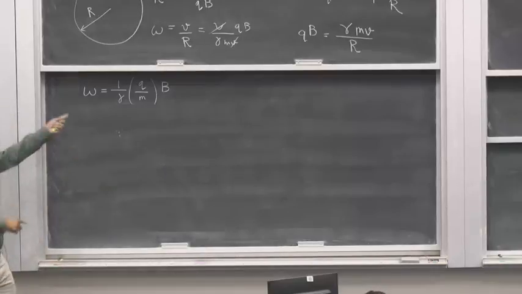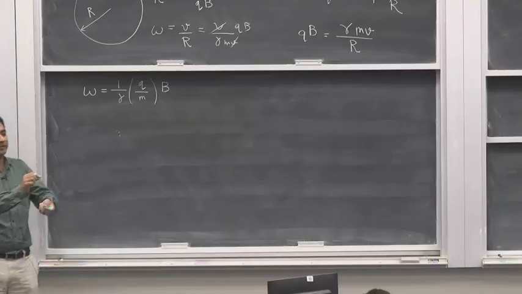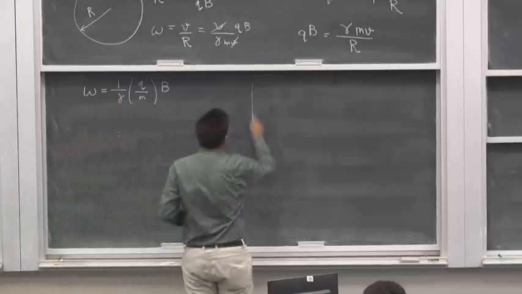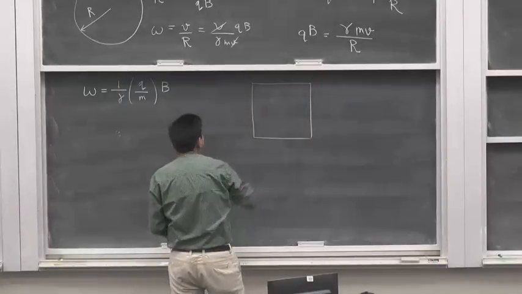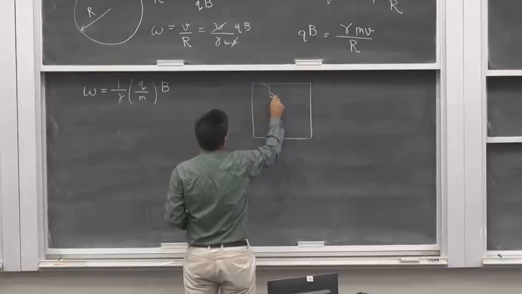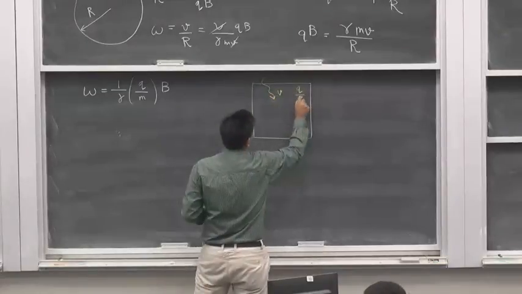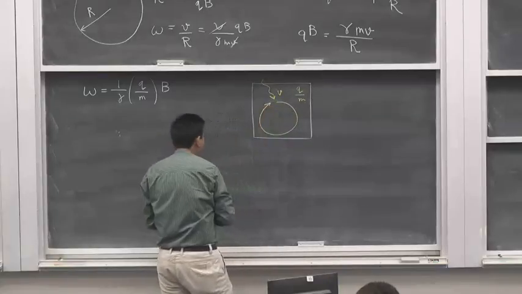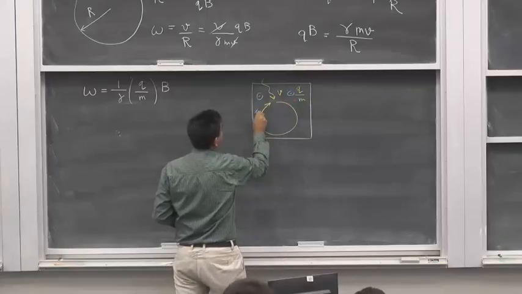So by looking at the angular speed of these electrons, I can find out the charge to mass ratio of the particle. So if I have an unknown particle that goes into a cloud chamber, which has a gas inside, and this particle is charged and comes in with a velocity v, and its charge to mass ratio is q over m, then this particle will undergo circular motion if I have imposed a magnetic field inside this chamber.